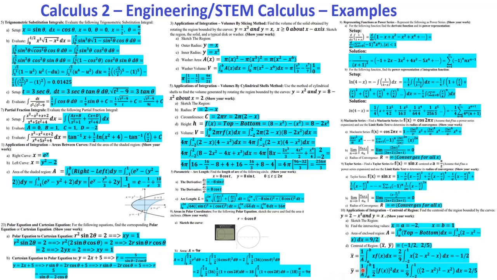Y bar is 1 over A times the integral from a to b of 1 over 2 f of x squared dx, which will end up with 2 over 5. That means the centroid of this region, x bar, y bar, is minus half and 2 over 5.